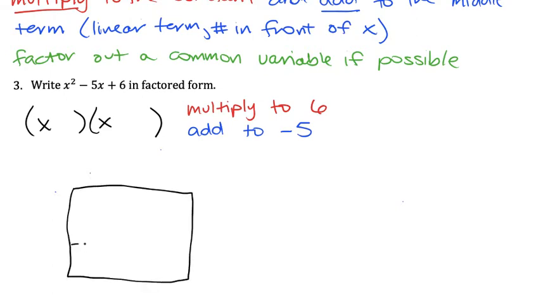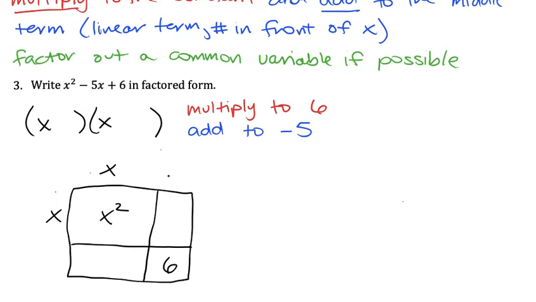So what I have here is I know that I'm going to have x times x here, and I know that what's in this lower right corner is going to be 6. So the question is, what would I put up here and what would I put over here so that when I multiply, I get x squared and I get 6, and then I get minus 5x when I add these two pieces together.